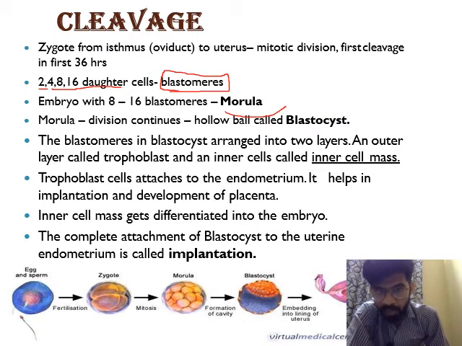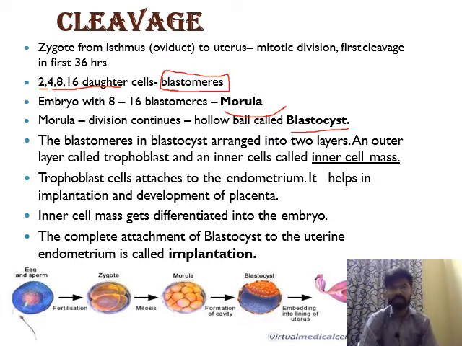And when the morula continues to divide, a hollow ball structure is formed, known as blastocyst.